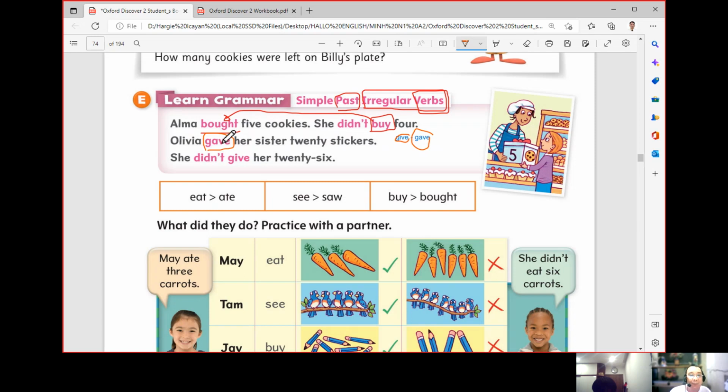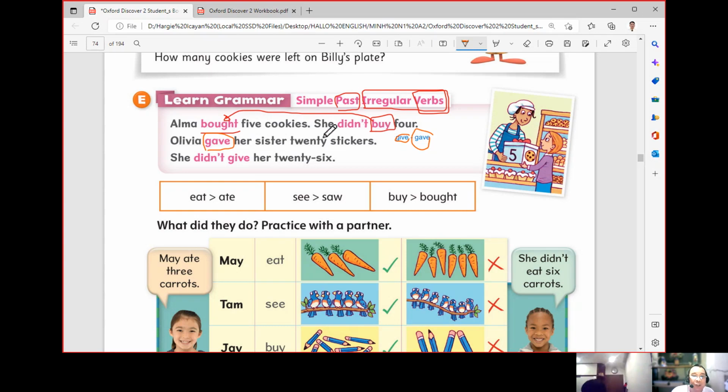So if you try to replace the word Alma here, we have to replace that with the word she. Did you get it, Min? And she is a pronoun that is referring to a female gender. But we can also use Alma. Alma didn't buy four. Or you can say she didn't buy four.